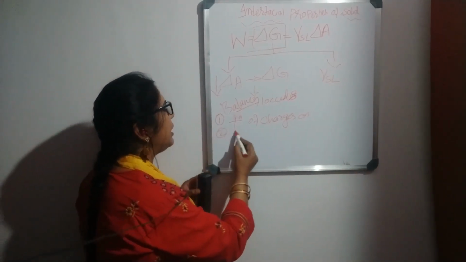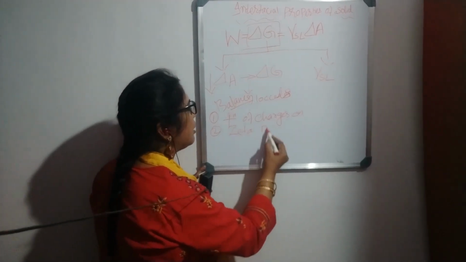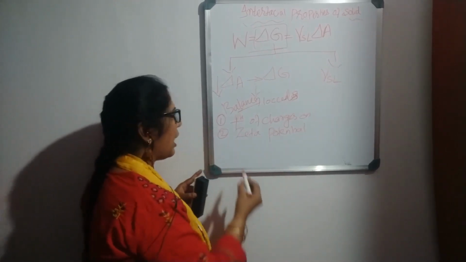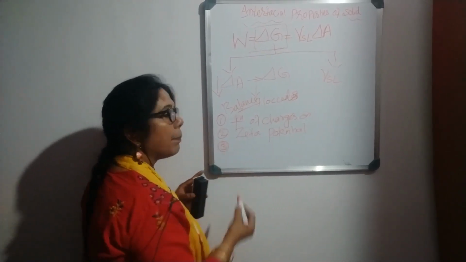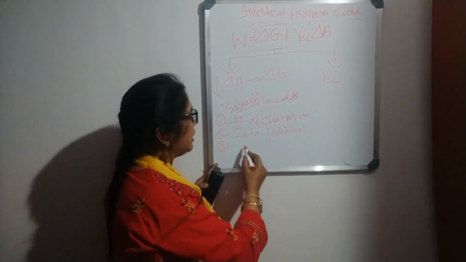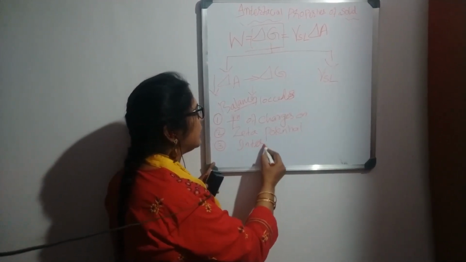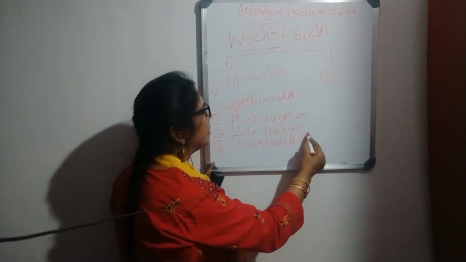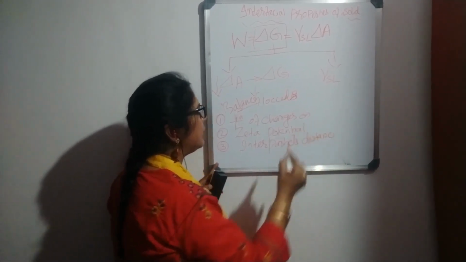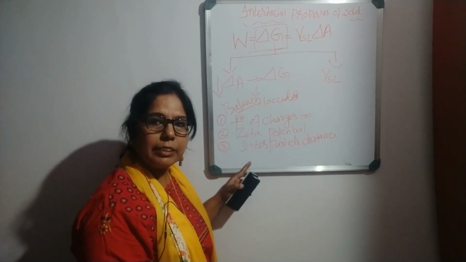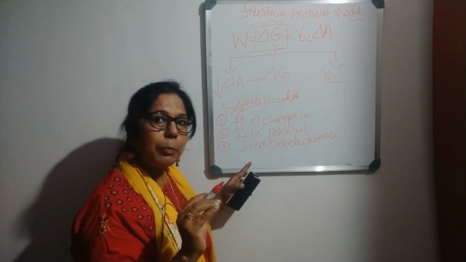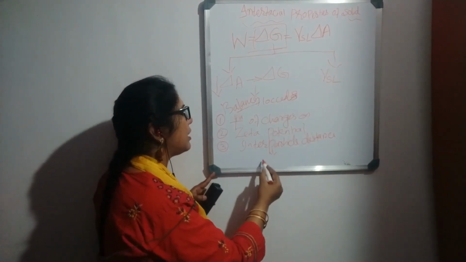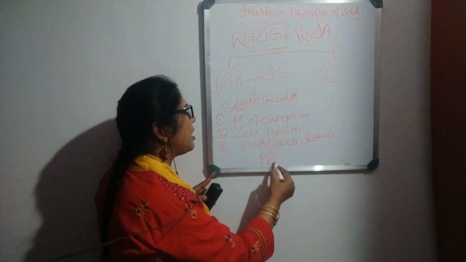Second, by considering the zeta potential of the suspension. And the third one is by considering the interparticle distance between the solid particles present in the suspension and its effect on the potential energy barrier.